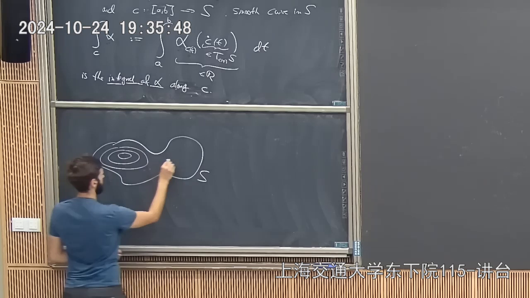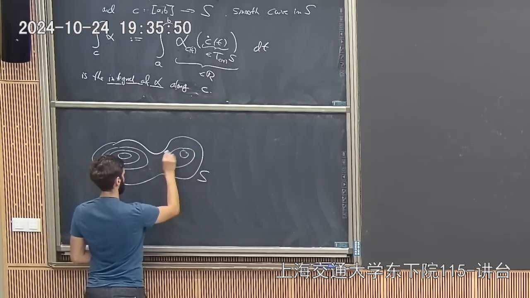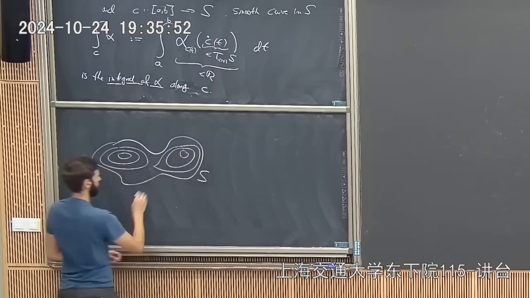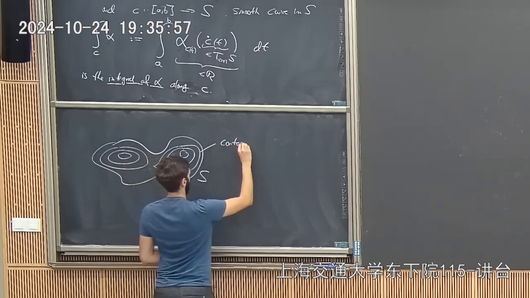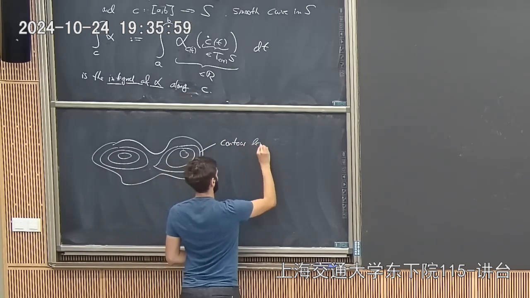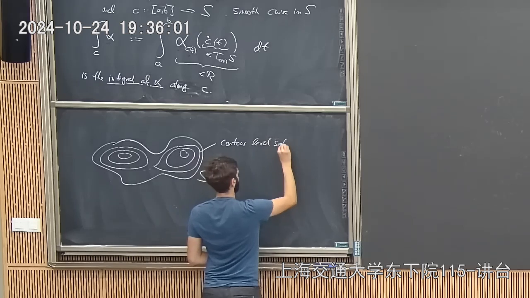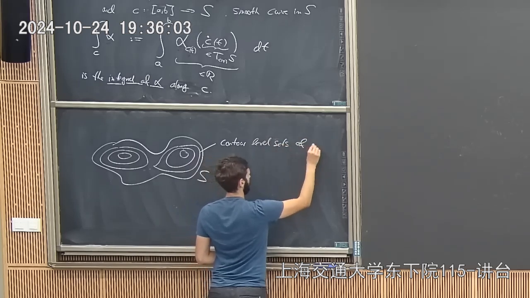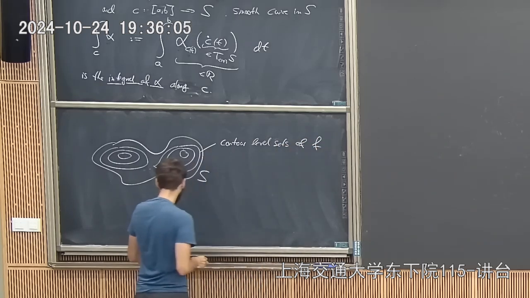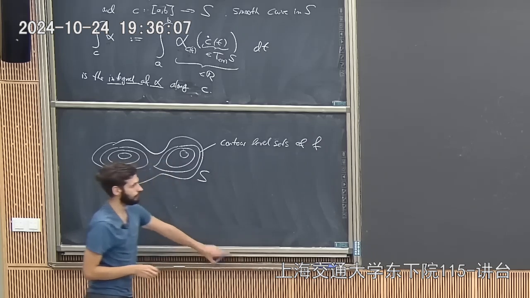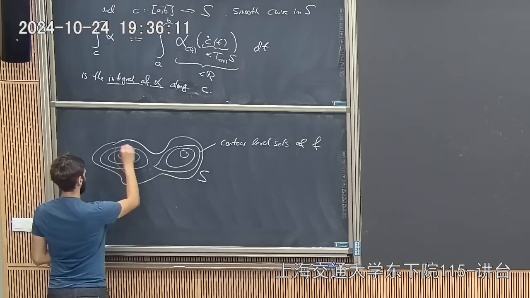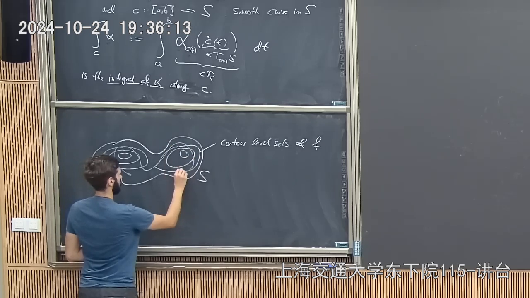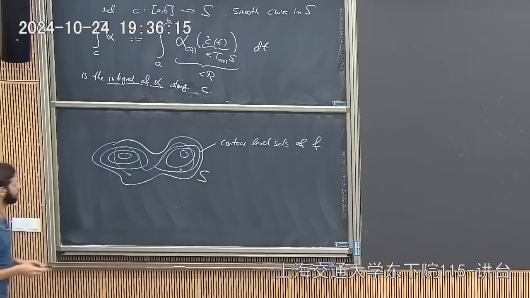contour level sets of f. What you now do is you have some arbitrary curve that goes maybe something like that.